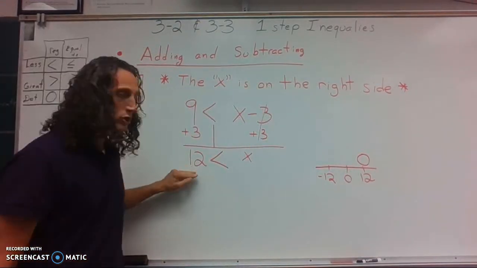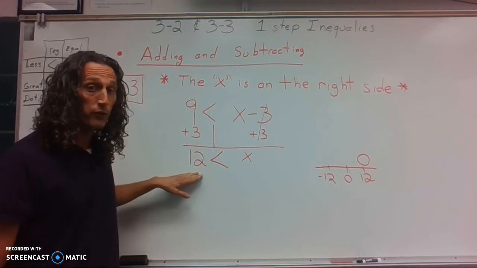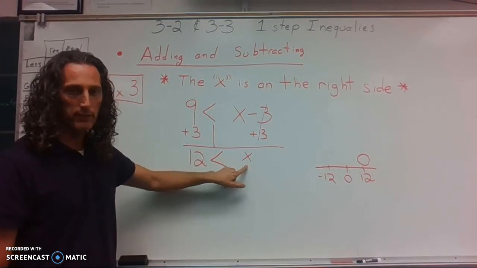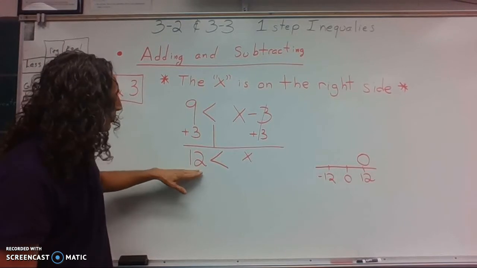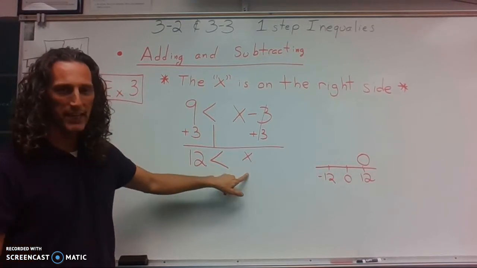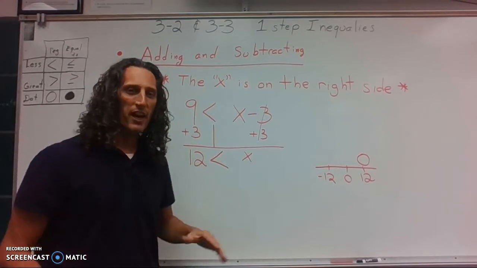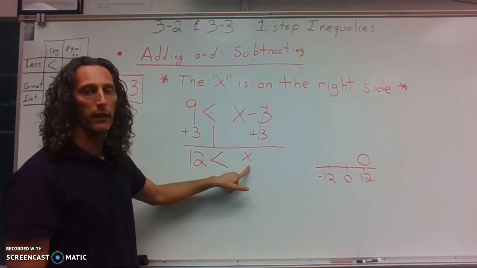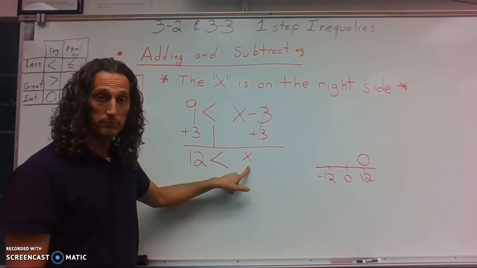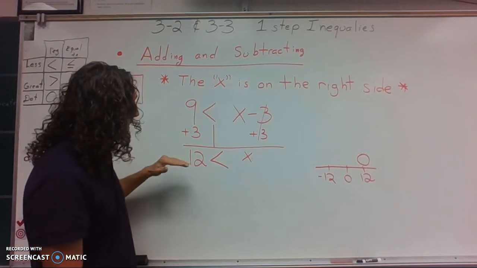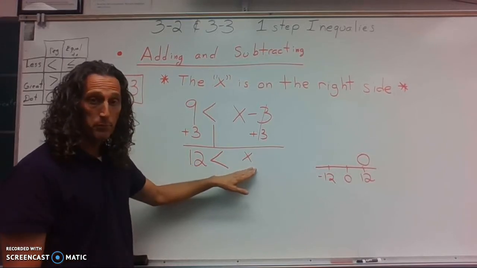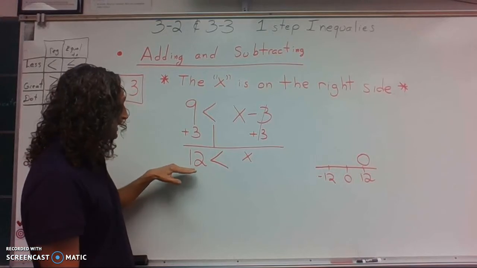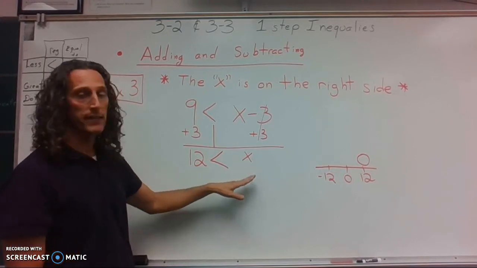This one says 12, because the number's coming first, is smaller than the x. So the 12 is smaller than the x. Well, now you got to think logic. If 12 is the smallest or smaller, then x is what? Bigger. So if I was to pick a random number, I would have to make sure that it's larger or bigger than the 12. So I'd have to say like 12 is less than, I could say 15.